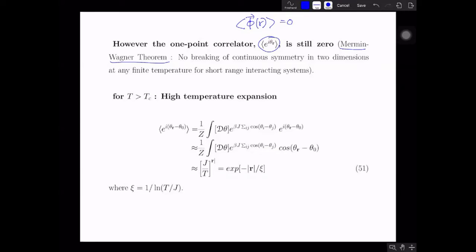I assume that you're all familiar with this. If not, look it up. The mean field theory is all wrong. It would suggest that there is an order parameter, but it's all wrong in two dimensions for these kinds of systems.